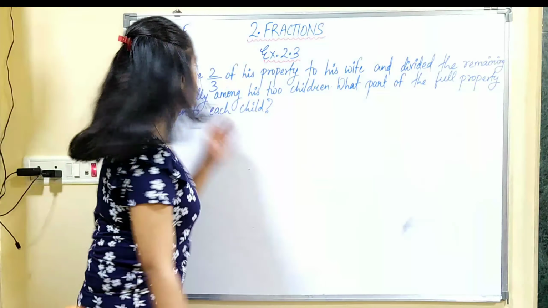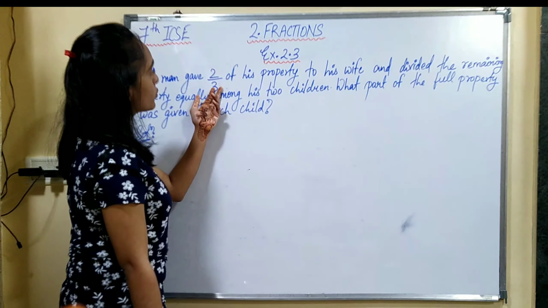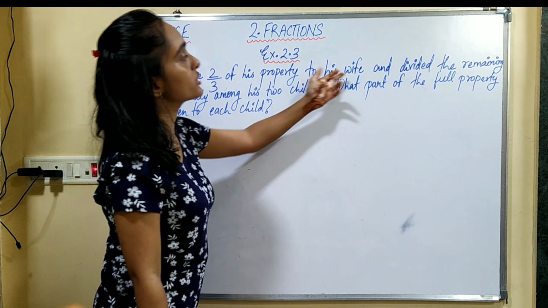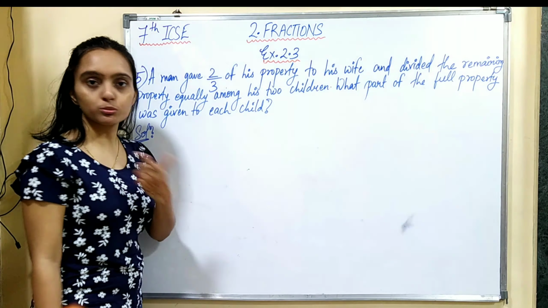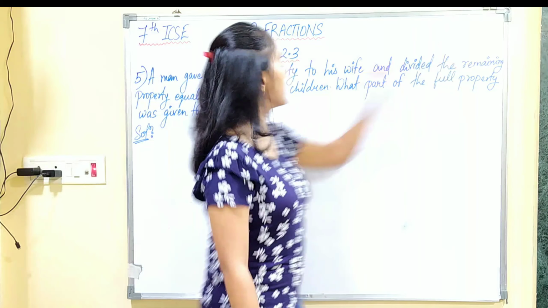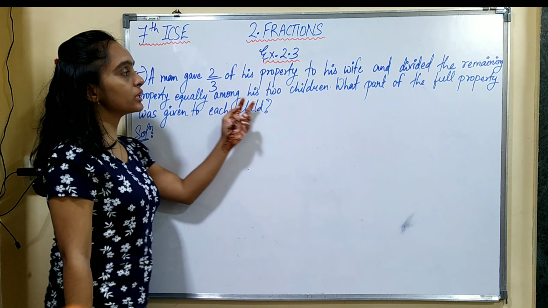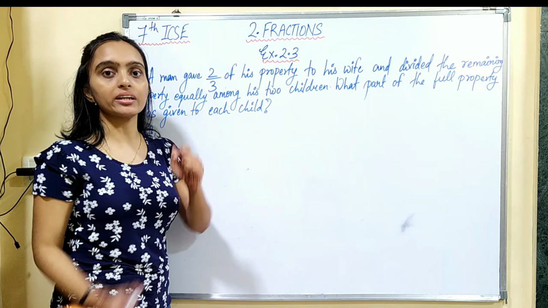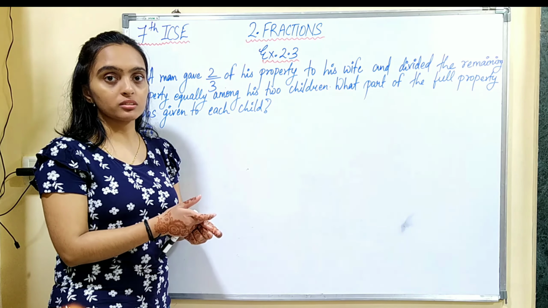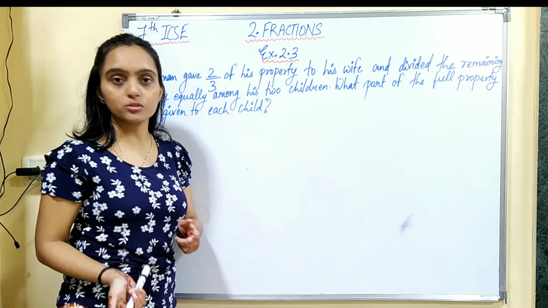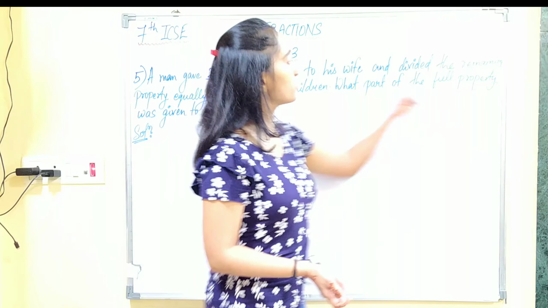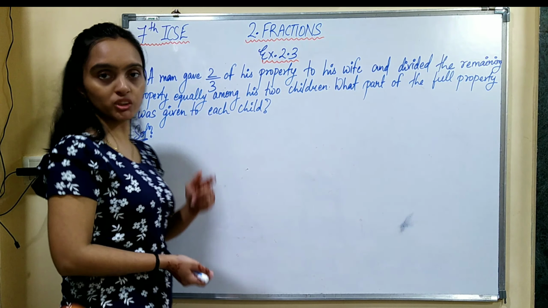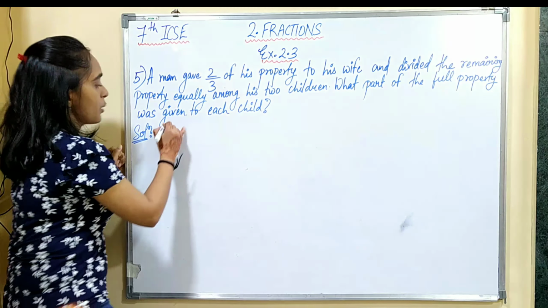The next question is, a man gave 2 upon 3 of his property to his wife. So he gave 2/3 of his property to wife and divided the remaining property equally among his 2 children. So he had 2 children, so he divided his remaining property between these 2 children. What part of the full property was given to each child? So let's start with the question.